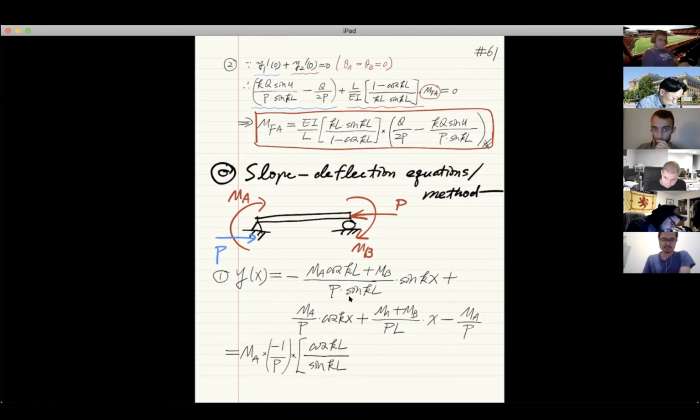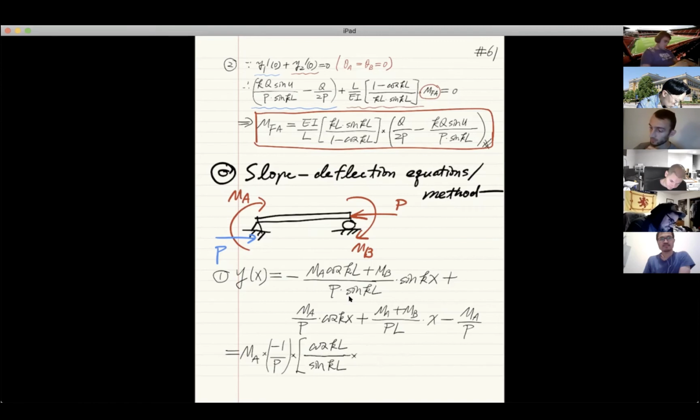And the other one associated with MA is cosine KX, right? But because you take the negative sign out, this one has to be subjected to a negative sign. So it has to be minus cosine KX. Actually, we forgot the sine KX here, right? So there should be a sine KX.